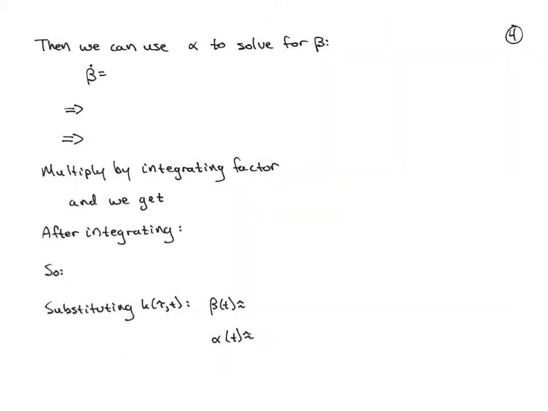And now we can use this solution for alpha to further solve for beta. So the time derivative of beta, without any approximation, is i gamma over 2 times b1 of t times alpha minus i gamma over 2 g vec of t dot r vec times beta.